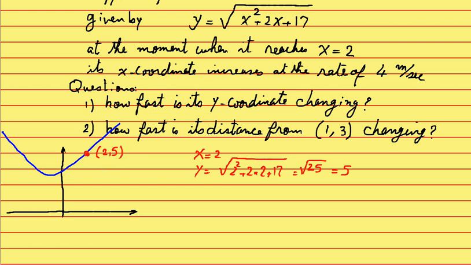Okay, this red spot is traveling on this blue curve. How is it going? Well, we don't know the whole detail of it, but we just know that at this point it's traveling with a specific velocity. Its speed in the x direction is 4 meters per second.